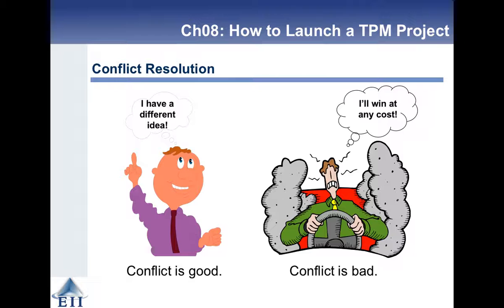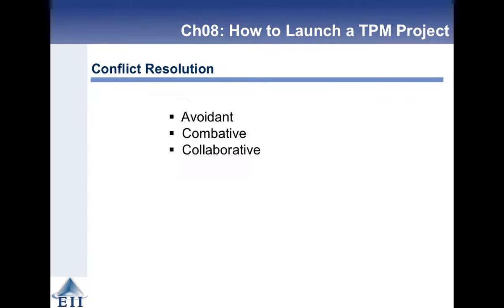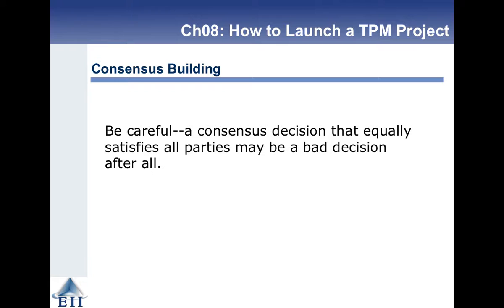Their idea has to win, and that's almost never a good idea. And there's various ways you can resolve conflict. You can avoid it. You can be combative and have a big argument and resolve it that way. Or you can be collaborative and work around, find common ground, and then hopefully find a commonly agreed solution.